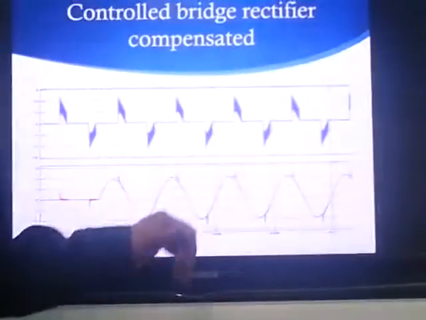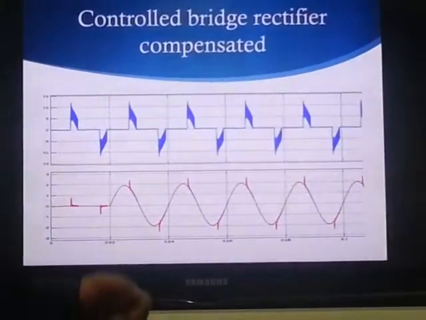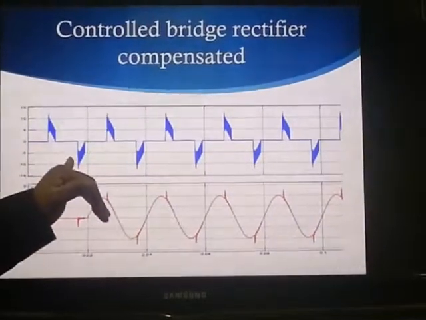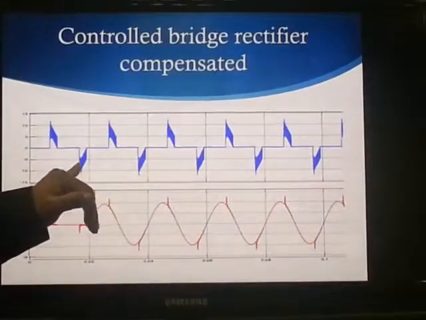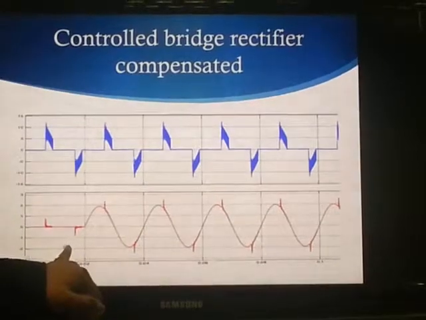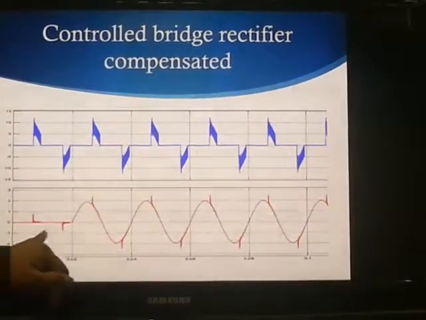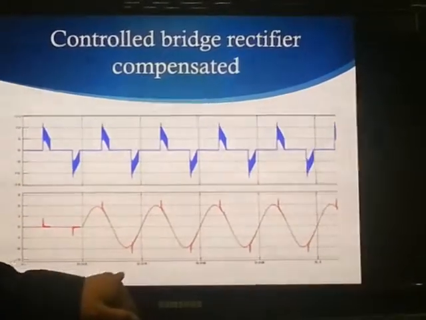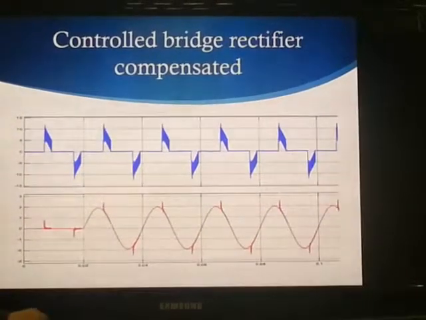However, when using the thyristors as the load, this was the load current waveform, whereas this is the supply current waveform. As you can see in the supply current waveform, it's not a pure sinusoidal.